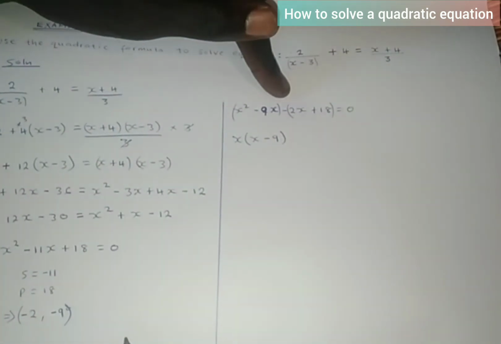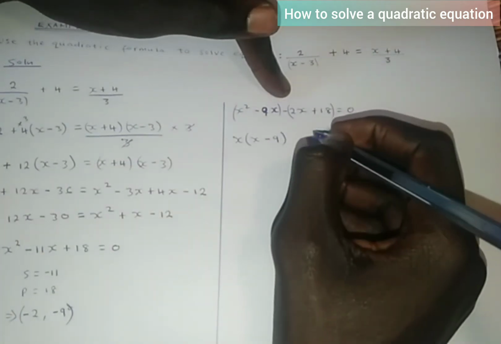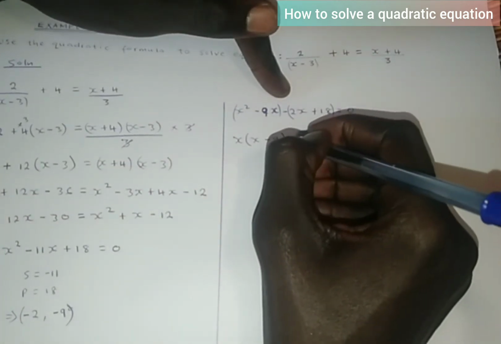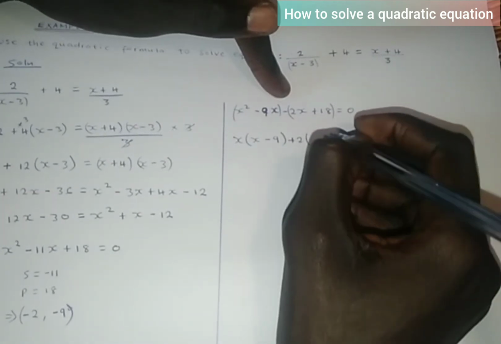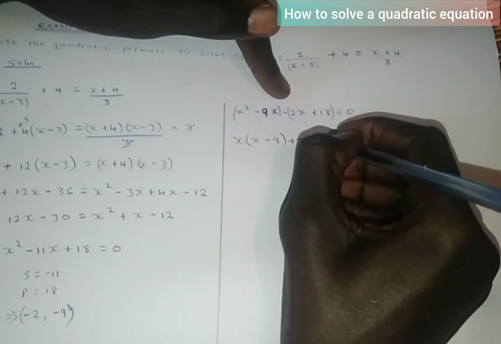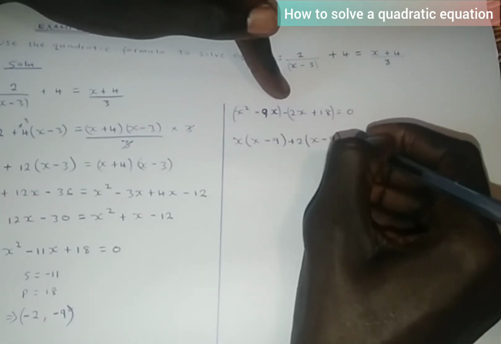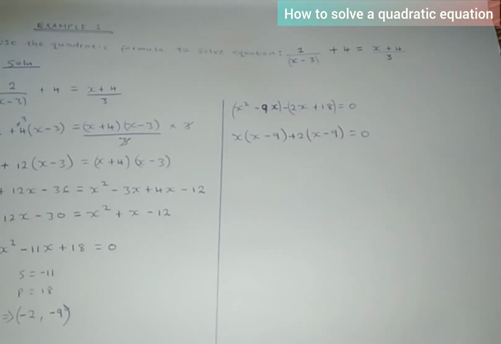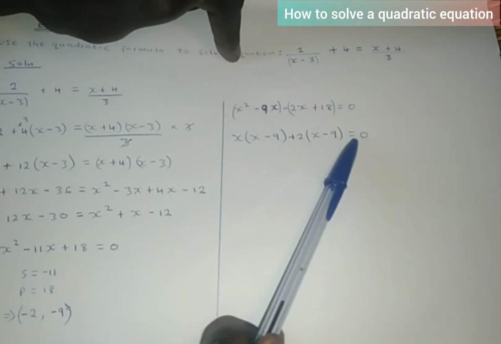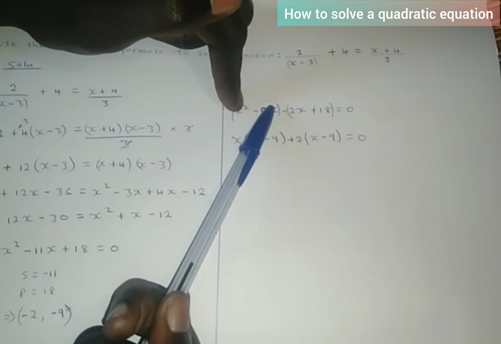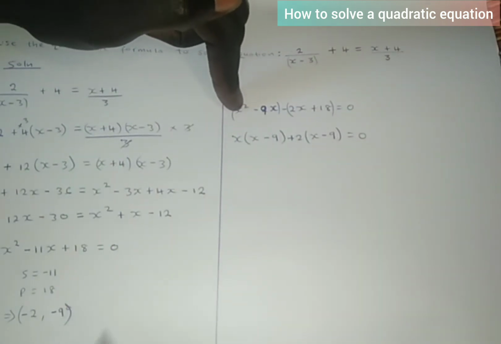Here we will factor out 2. Let's say positive 2 outside. Into the bracket we will have x minus 9 is equals to 0. If we open this bracket, it will take us back to this equation.